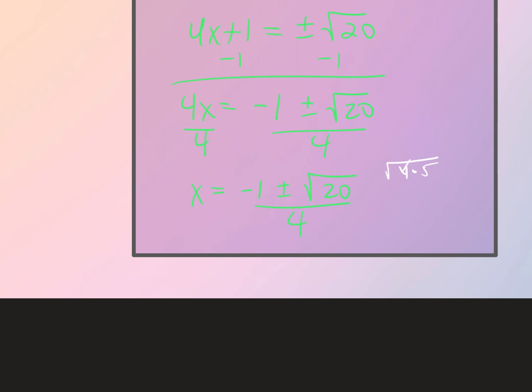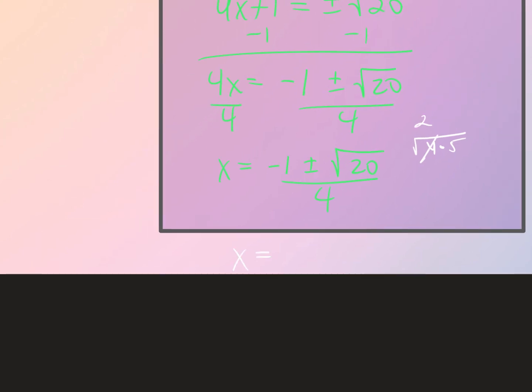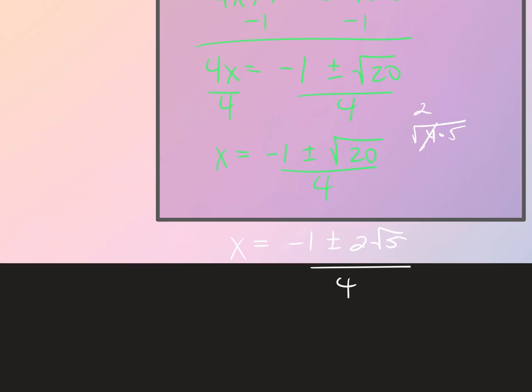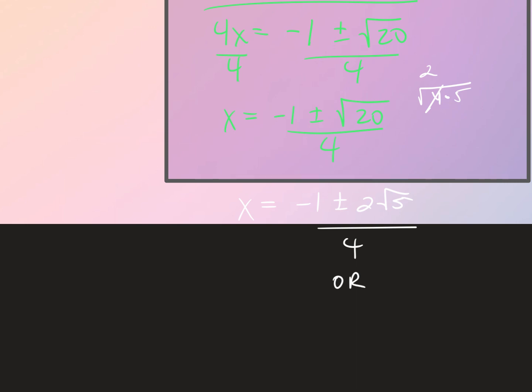Okay, so when I take out the square root here, it becomes what? 2 square root of 5. So I have negative 1 plus or minus 2 square root of 5 over 4. I am fine if you leave it here, just like that. How could we simplify? You could write it as negative 1/4 plus or minus what? Root 5 over 2.